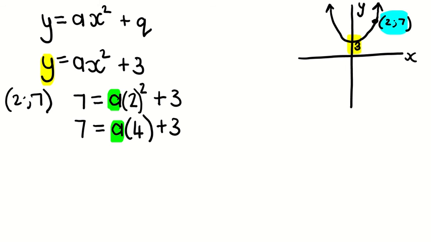See, there's the y. And remember, the coordinate is x and y. So the 7 is in the place of the y. Then the x is the 2. Because here you have the x value, the 2. So you put that there in x's place.